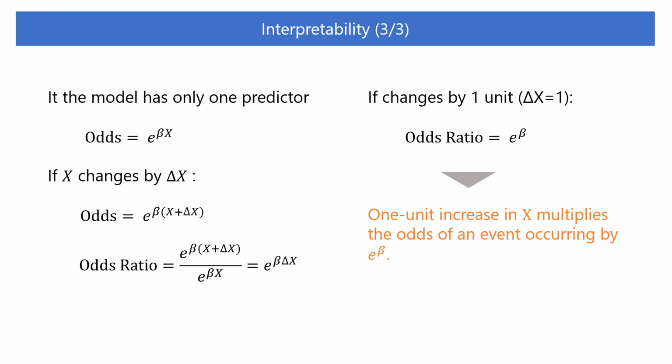This means that a 1 unit increase in the predictor x multiplies the odds of an event occurring by e to the power of beta. This mathematical property quantifies the impact of the model's predictor variables on the odds of an event occurring and contributes to the high interpretability of the results.